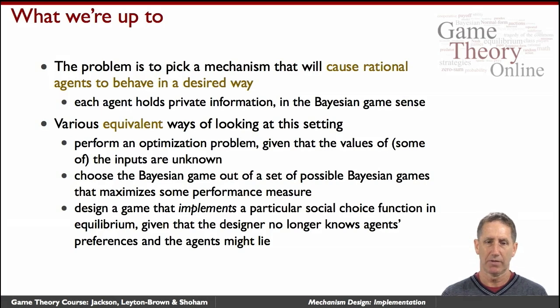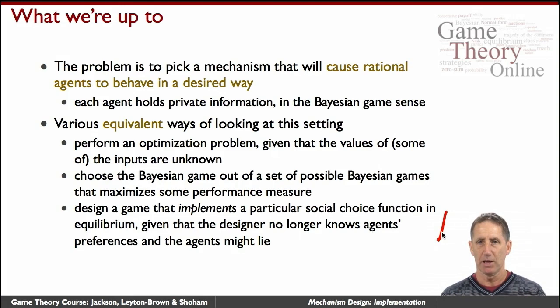You can think of the setting as a set of Bayesian games, and you're selecting a particular Bayesian game out of that set. And perhaps the most basic view of it goes back to one of the terms, implementation theory.